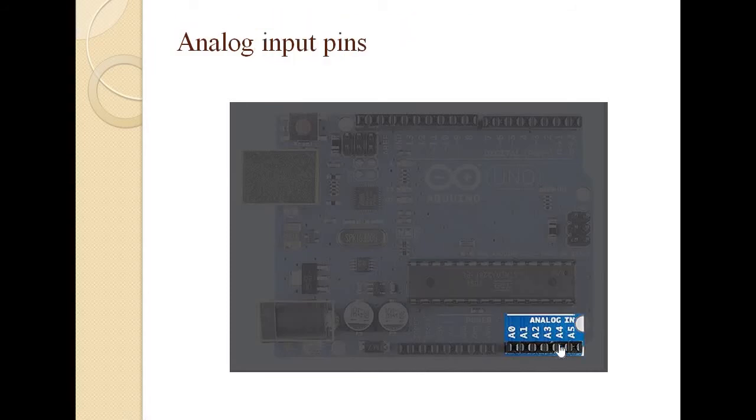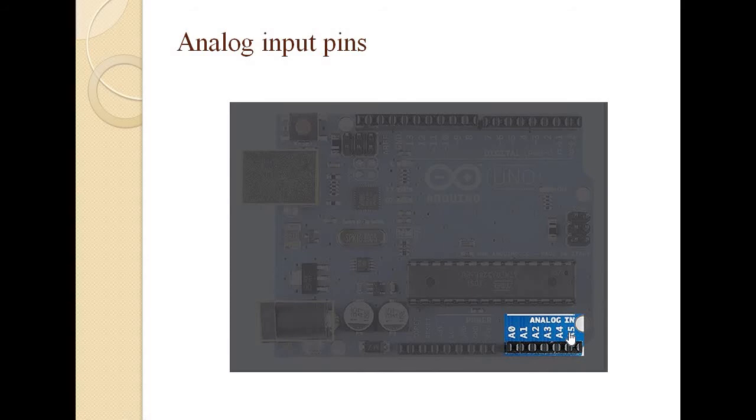Next one, if you observe, these are the analog input pins. The Arduino Uno board has 6 analog input pins labeled analog 0 to 5. That is, we can say that here are A0, A1, A2, A3, A4 and A5. These pins can read the signal from analog sensors like a temperature sensor, and it is converted into a digital value so that the system understands.